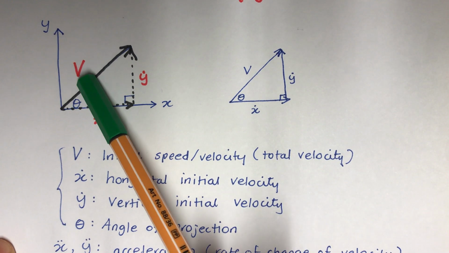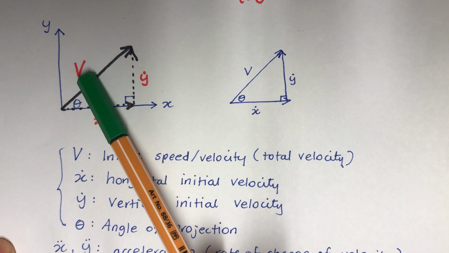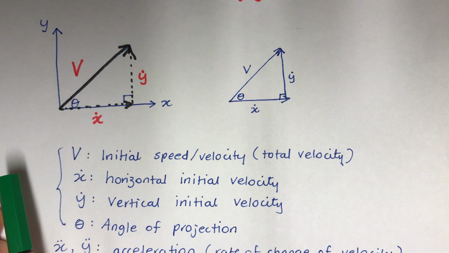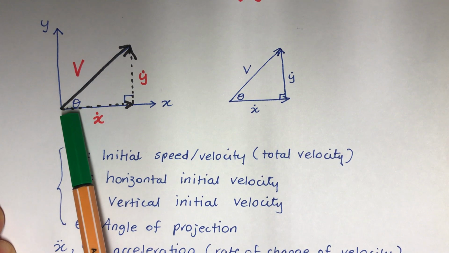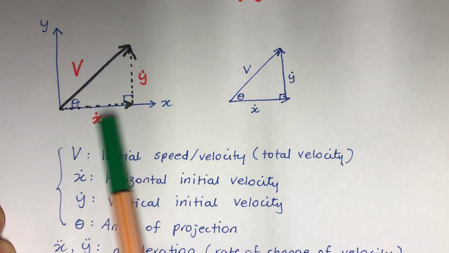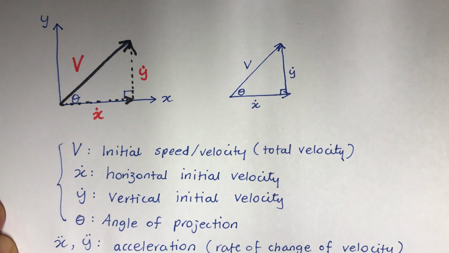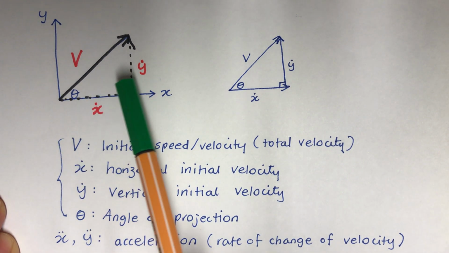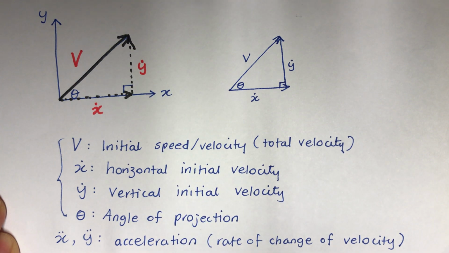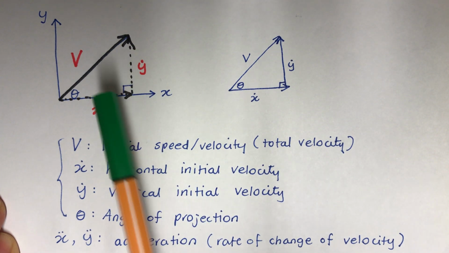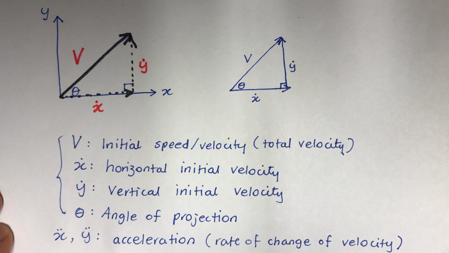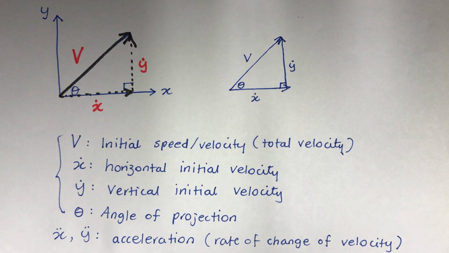That's our initial velocity, the capital V, it's a constant. And then there's the angle of projection, theta. And x dot is the horizontal initial velocity, and y dot is the vertical initial velocity. Okay, so we will be using Pythagoras theorem because it's a right angle triangle.